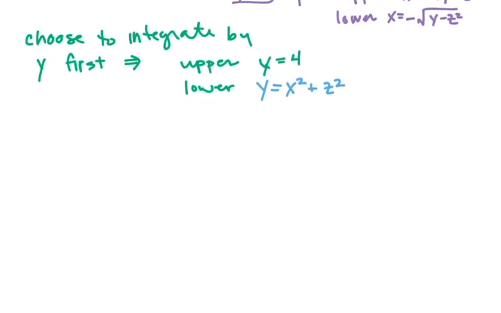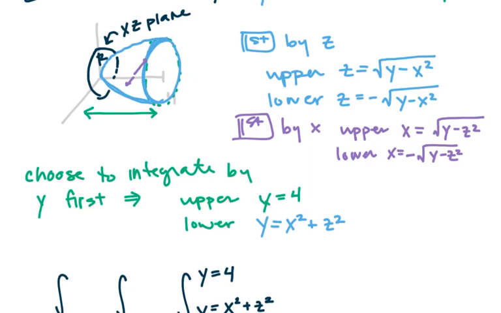So setting this up, I'm going to have a triple integral, and I don't know if I'm going to do x or z first, but we'll have x and z. And then we're going to have our y bounds. So I'm going to have y equals the paraboloid on the left and y equals 4 on the right. We've gone from the paraboloid, which is what we would be touching over here on the left side, and then this plane y equals 4 is what we're touching on the right.